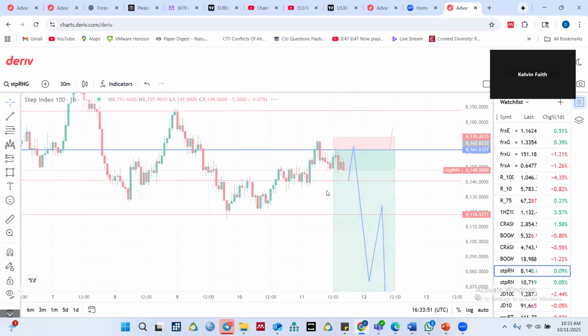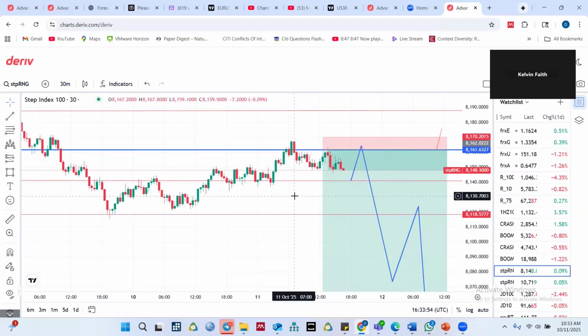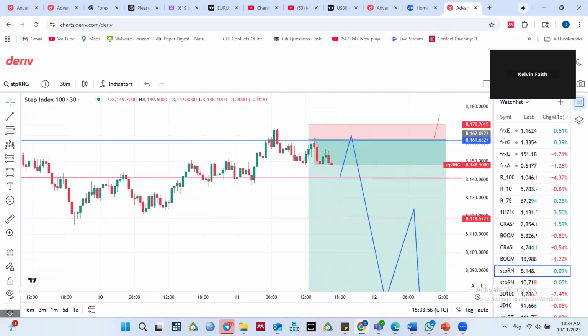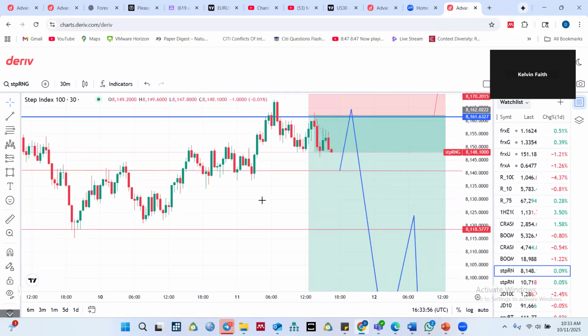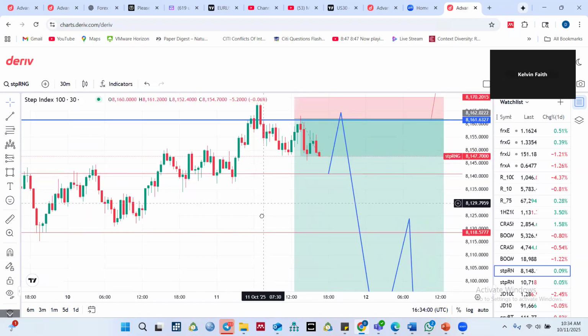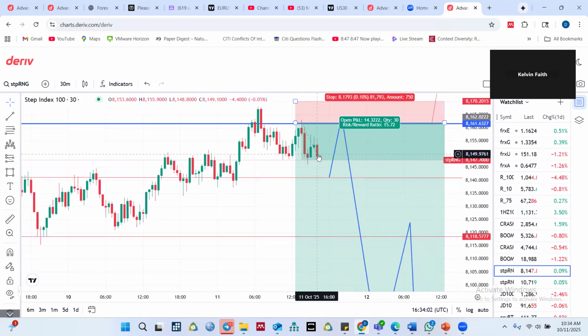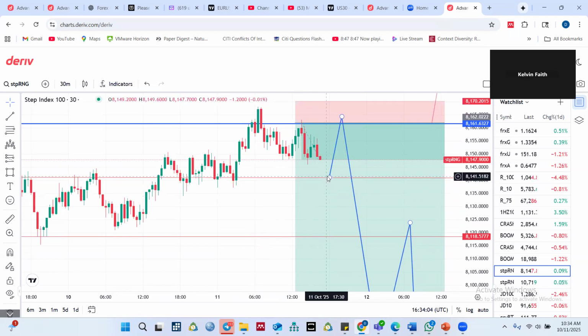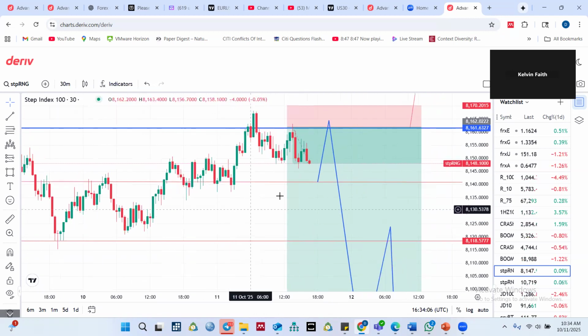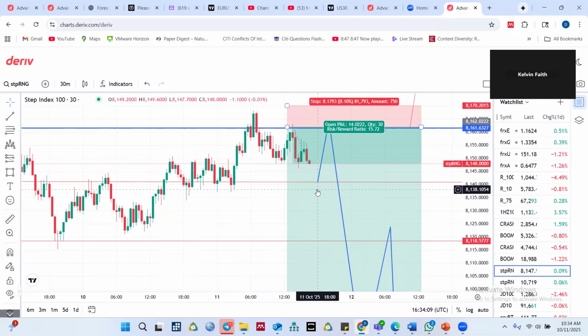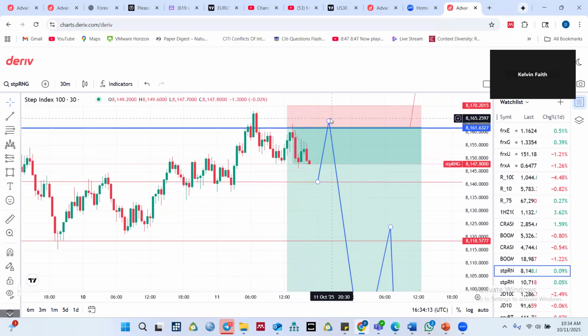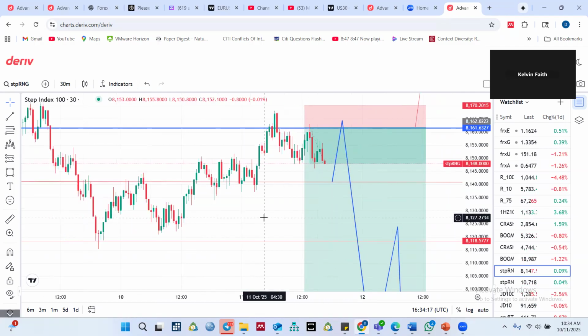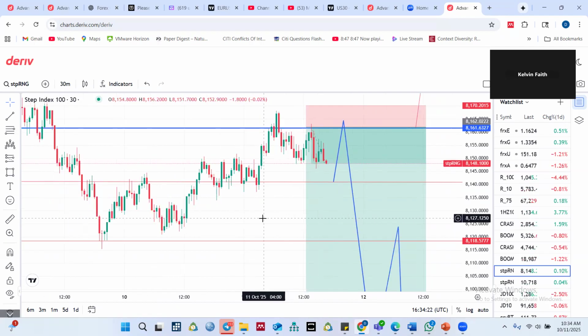Let me go to 30 minutes. Good. The 30 minute candle closed, a new one has opened. If this new 30 minute candle pushes down, it's going to give TP1 easily. But at TP1, price might go up and retest the blue line once more and then drop, or it might not. It's either it will or it will not.